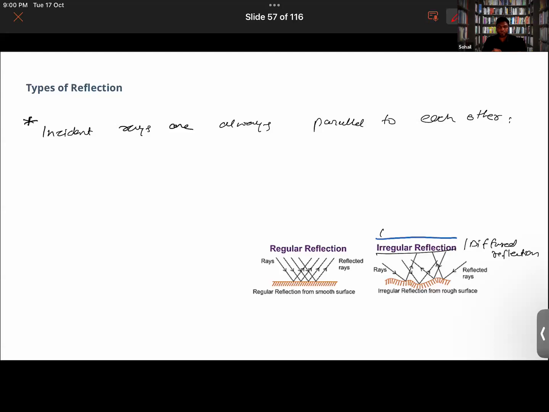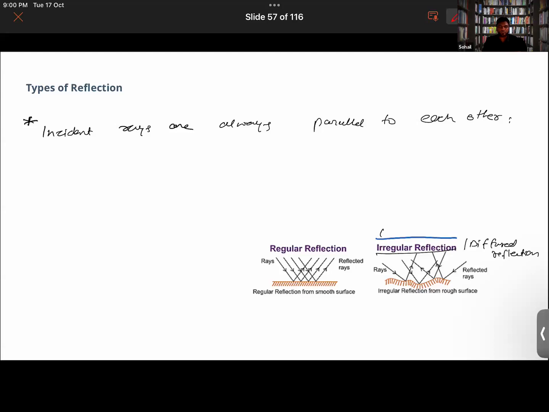Can I also try? In regular reflection, the light rays fall on a smooth, shiny surface and then they reflect back.